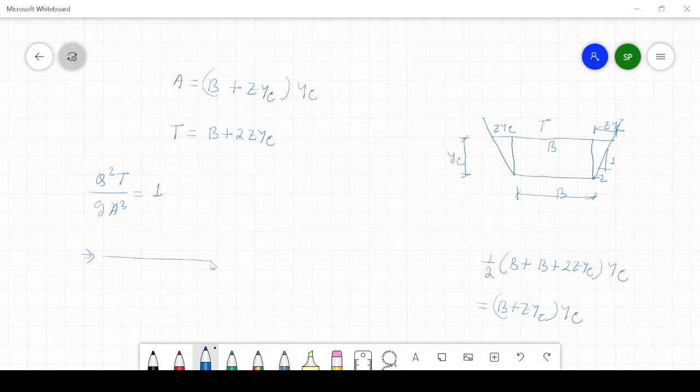Now Q square by g, B plus twice ZYC divided by area, is equal to B plus ZYC into YC, whole to the power 3.